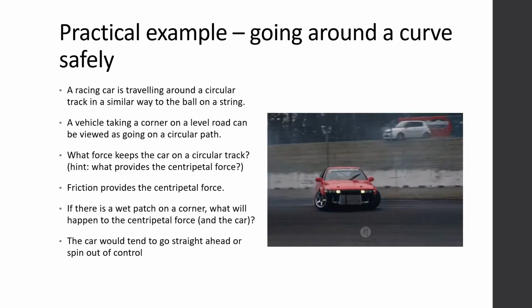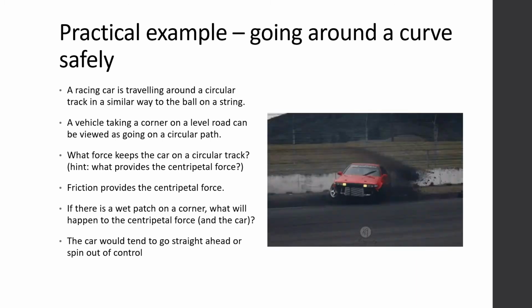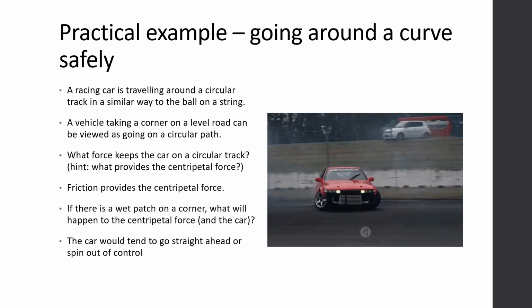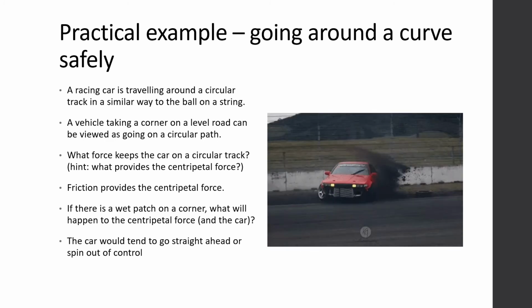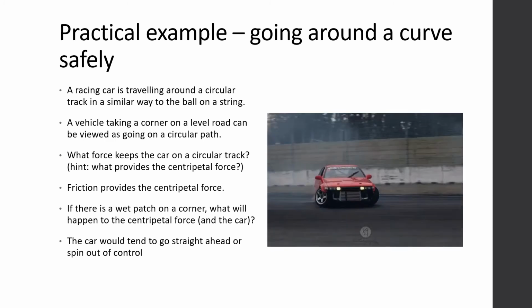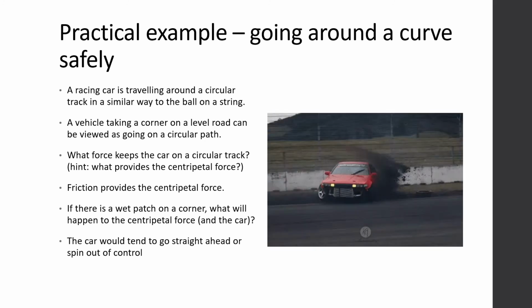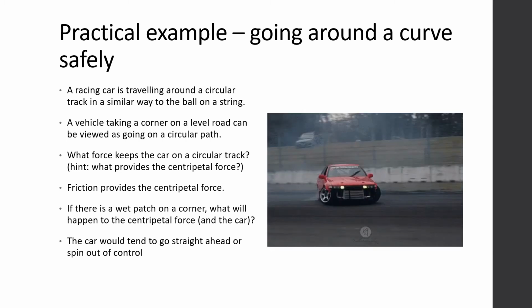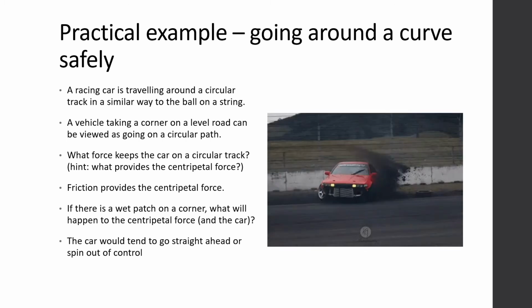So the friction between the tyres and the road is what stops the car just going straight ahead, as Newton's law would suggest it wants to. On a wet corner, the friction is reduced, and there would be insufficient centripetal force to keep the car on its circular track, and as a result the car would spin off, as this one's doing in this picture here.